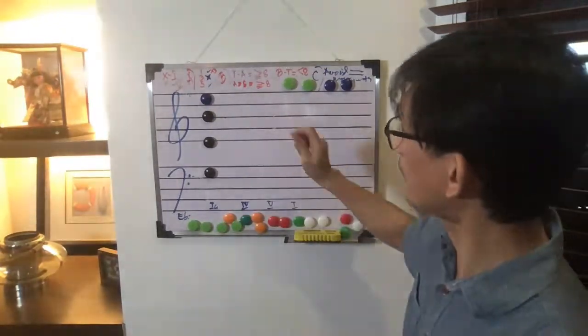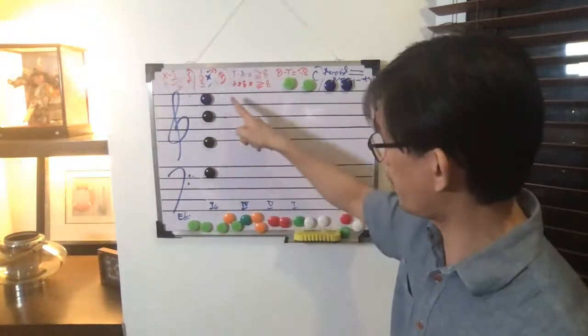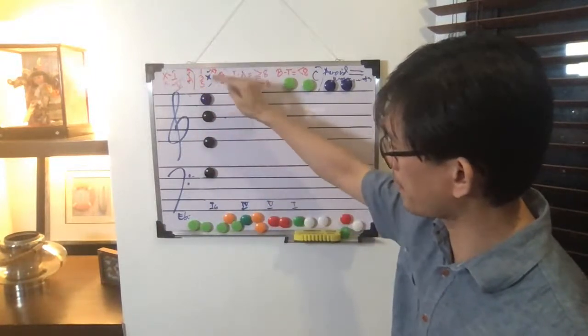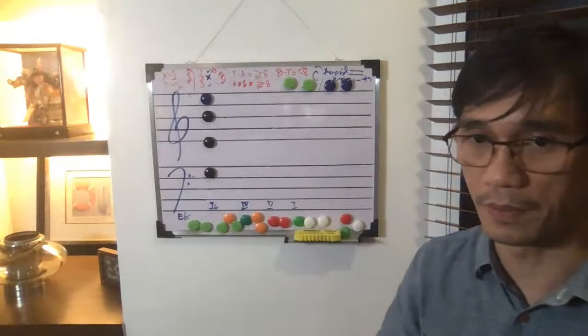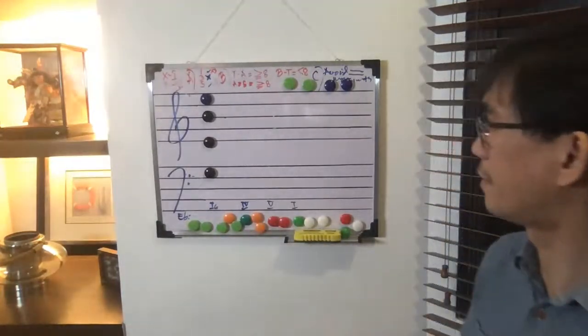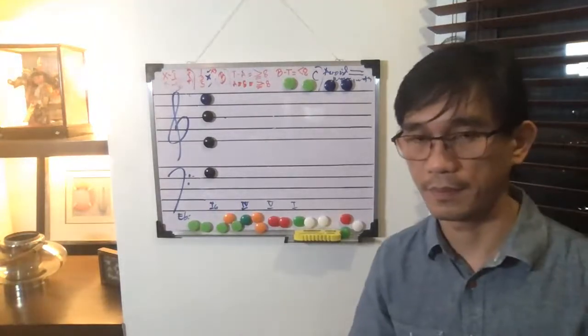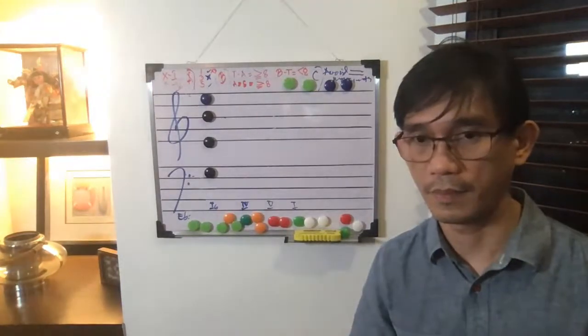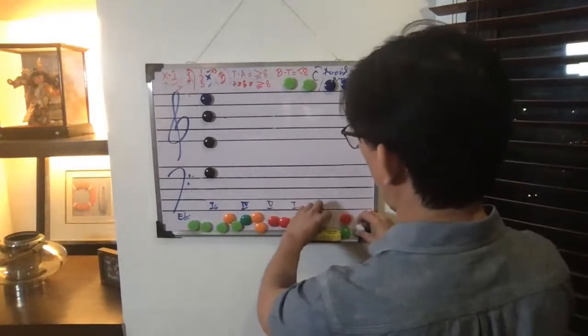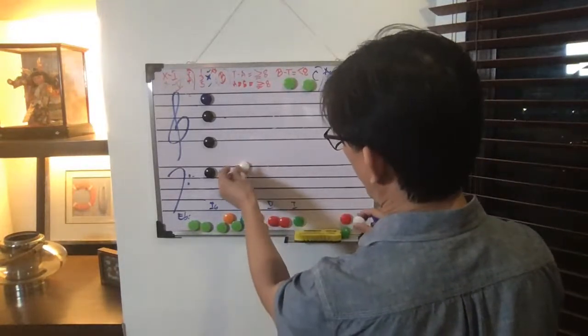So next, what do you want to move first? The higher note, or the topmost note, or the lowest note? So we make it subdominant. What is the subdominant? The subdominant is A flat.